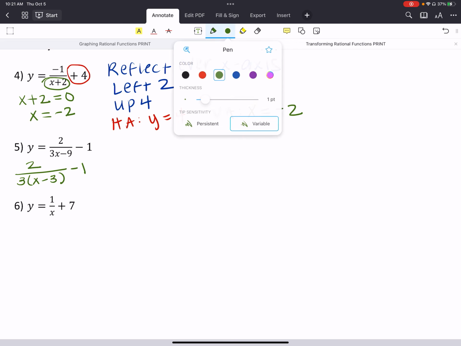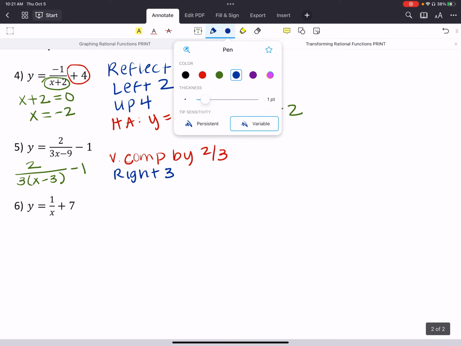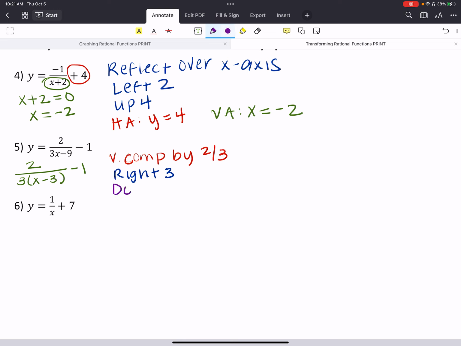So we're going to vertical compress by 2/3. We're going to go right 3. And we're going to go down 1. Okay, those are our 3 transformations.